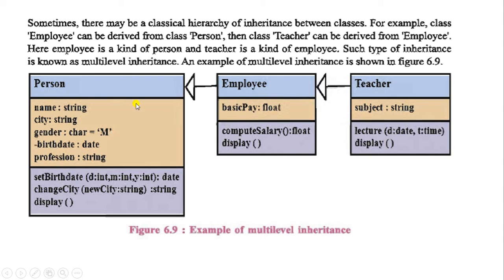Whatever attributes are available in the person are inherited by the employee class. Then class teacher can be defined from class employee. Here employee is a kind of person, and teacher is a kind of employee. Such type of inheritance we can call multi-level inheritance.